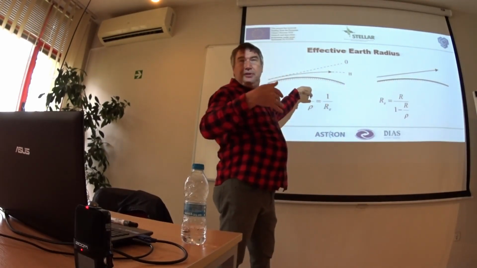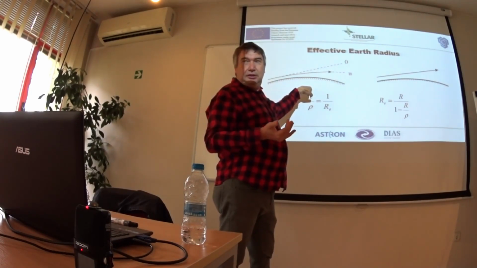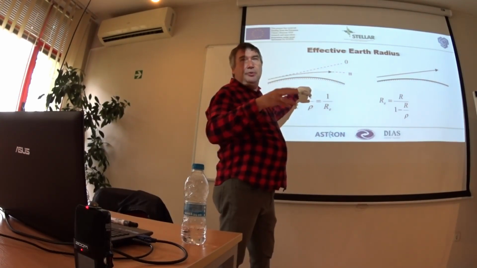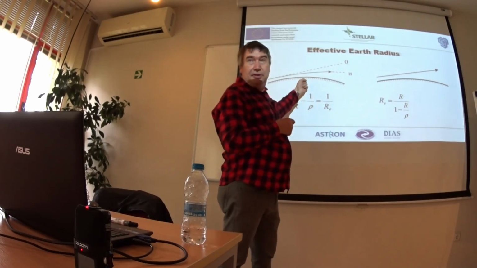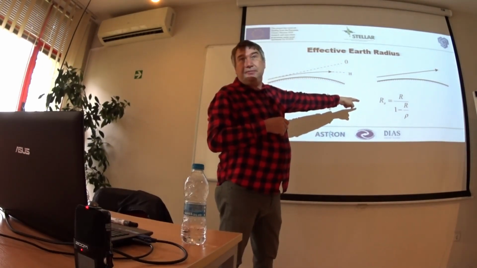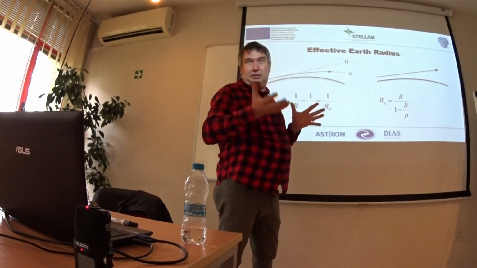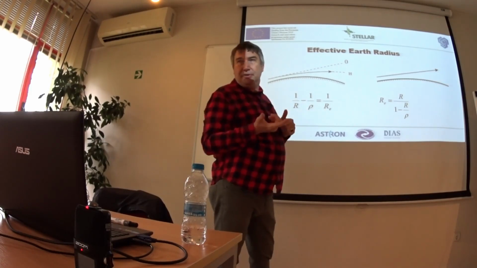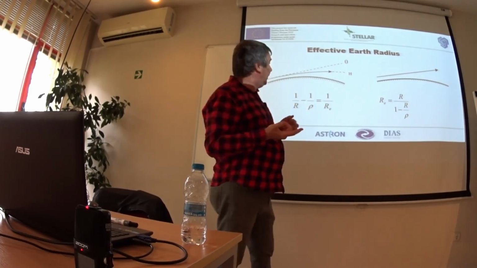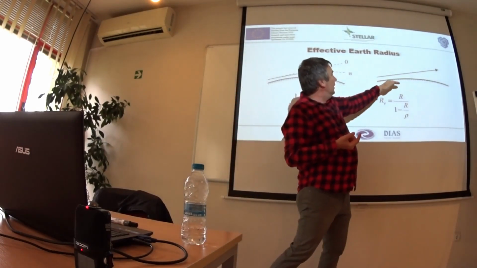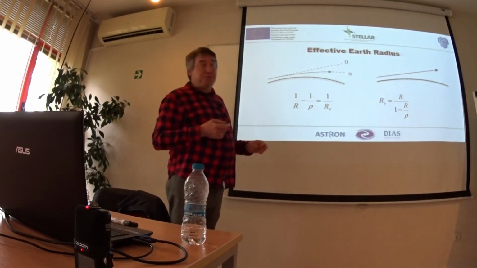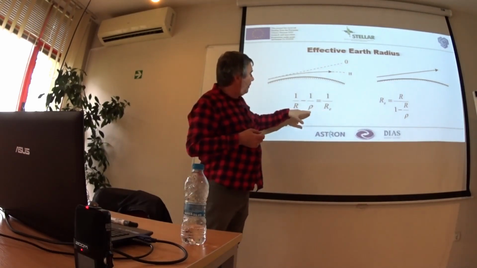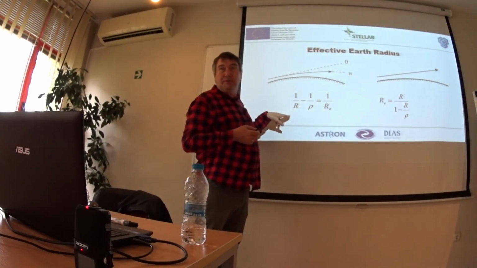In every model that we obtained, we have to replace the real Earth radius with the effective Earth radius. And in this way, we could solve this problem with different propagation paths. To make this substitution, this is the mathematical equation that could be fulfilled.